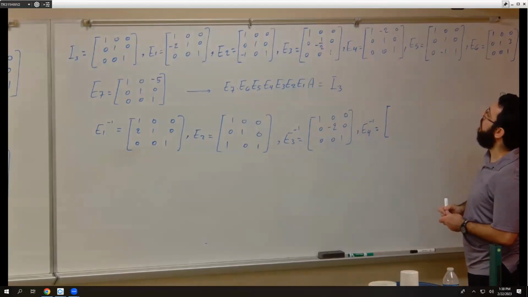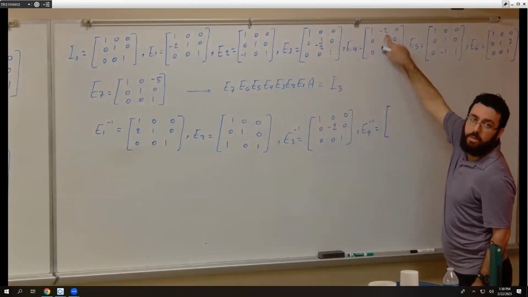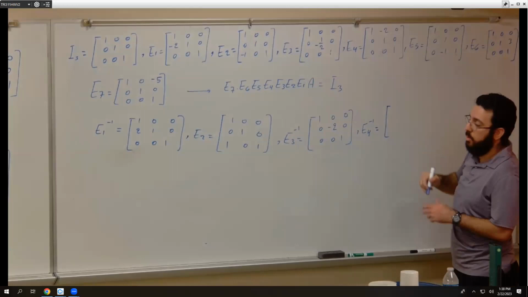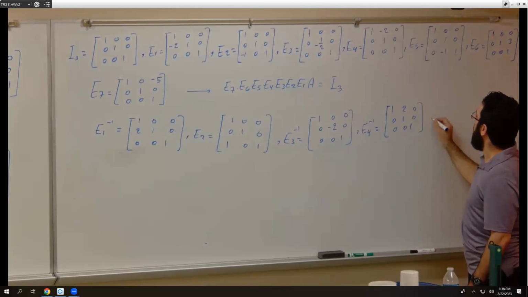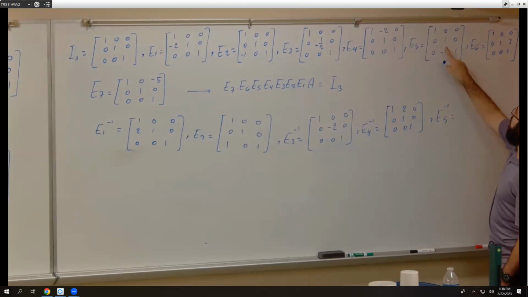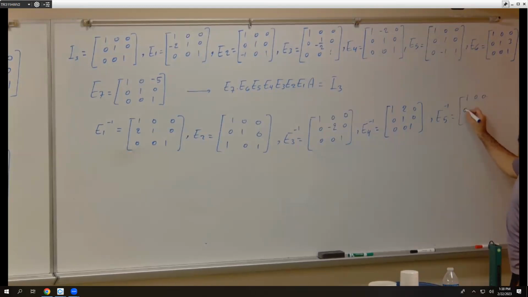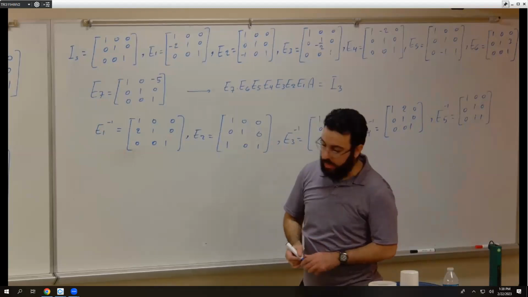E4 inverse is going to be just this number became 2. So this is 1, 2, 0, 0, 1, 0, 0, 0, 1. And the same thing for E5 inverse. Negative 1, I'm going to change negative 1 to 1, 0, 0, 0, 1, 0, 0, 1, 1. This is E5 inverse.